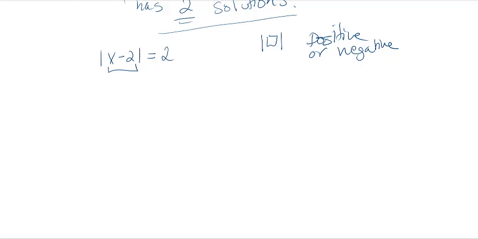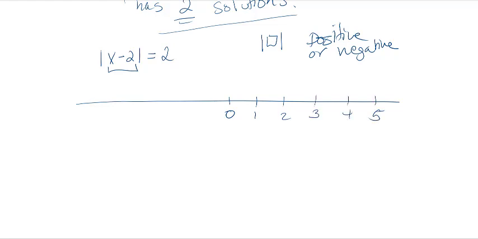Before we go on and actually solve, let's set up the number line again and look at what we have here. So 0, 1, 2, 3, 4, 5, and negative 1, negative 2, negative 3, negative 4, negative 5. This is the x-axis. Let's look below this at an axis of the absolute value of x minus 2, and see what values this takes.